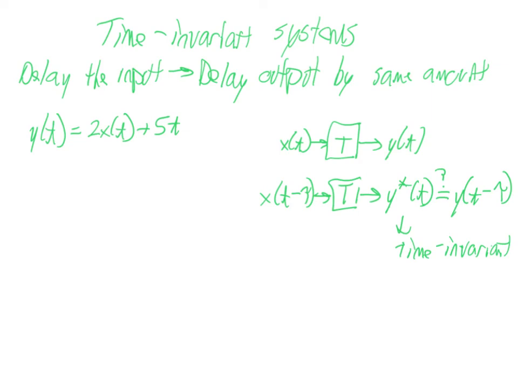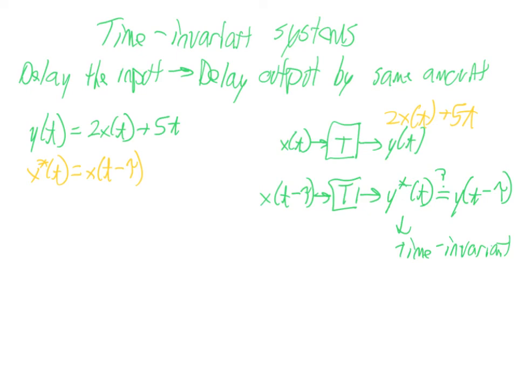So our output y of t here is going to be 2x of t plus 5t. Now, if I delay by tau, then we want to figure out, well, what is the input? So I have a new input, let's call it x star of t, which is going to be x of t delayed by tau seconds.